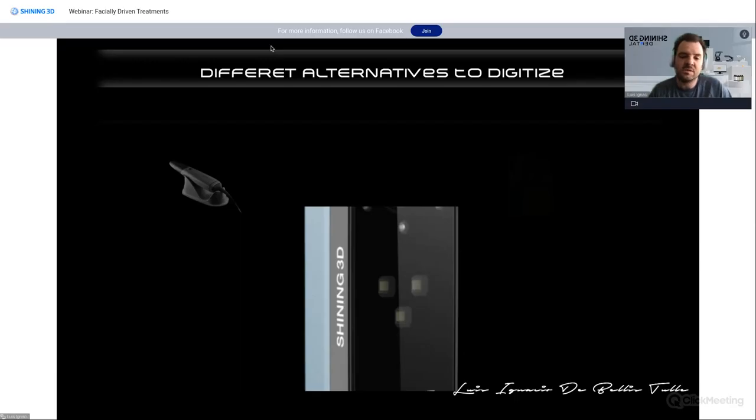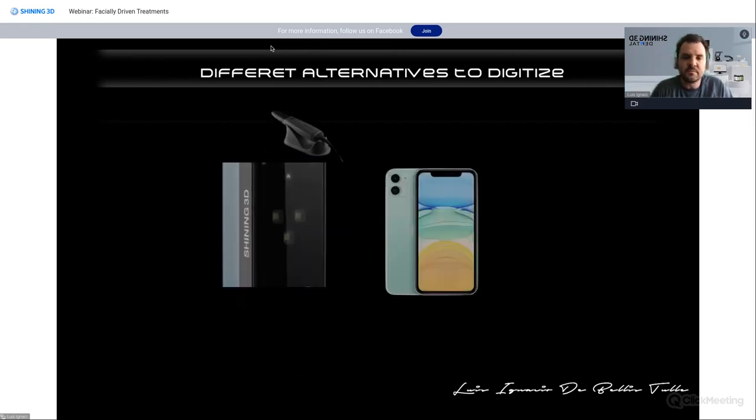If you get one of these cheap devices, maybe it's going to be interesting for you, because you're going to be able to start your learning curve early, so that when you get a true facial scanner, you're going to be faster with all this.